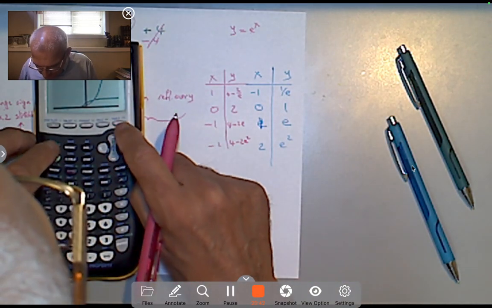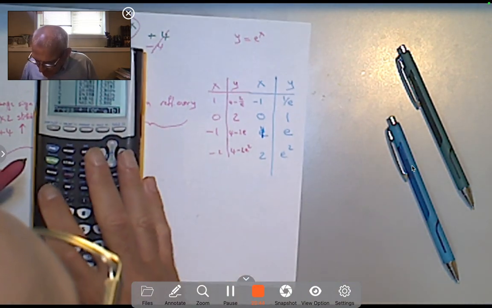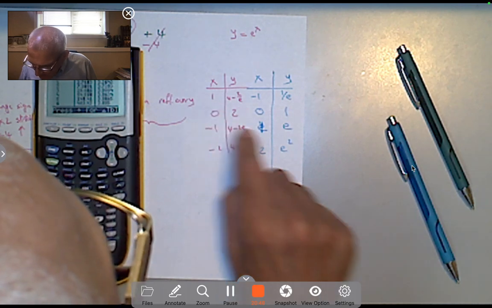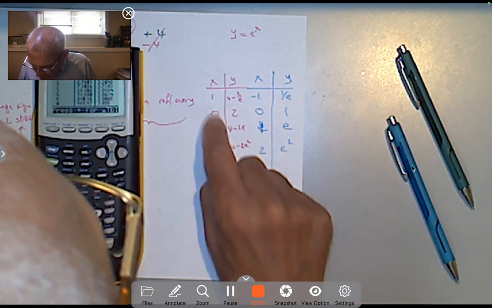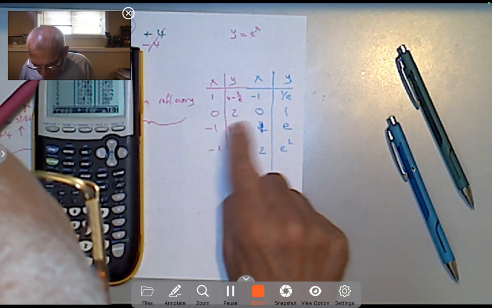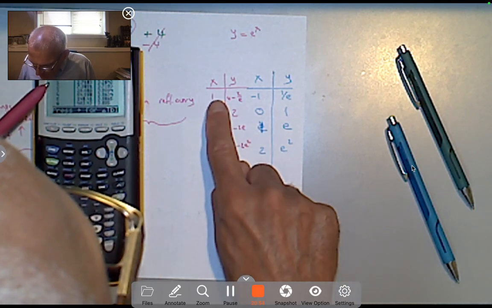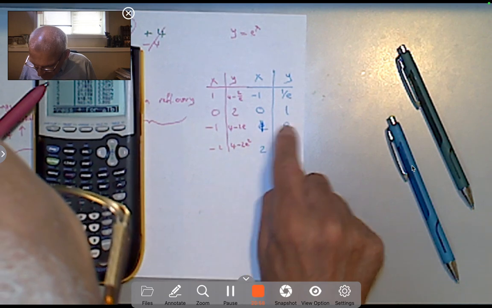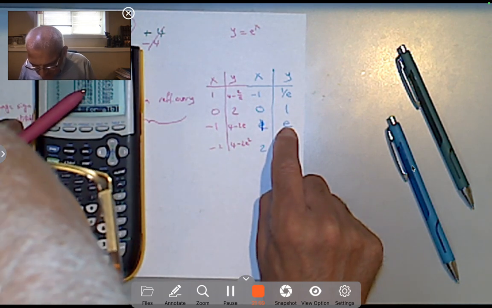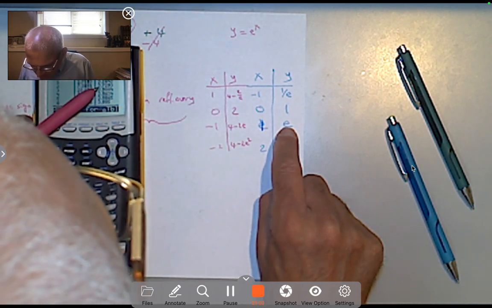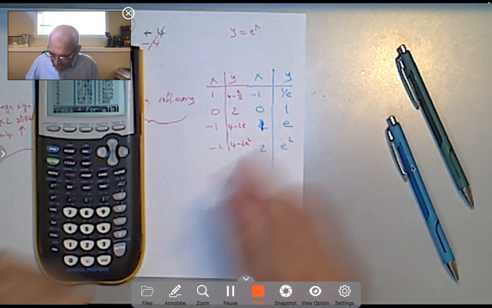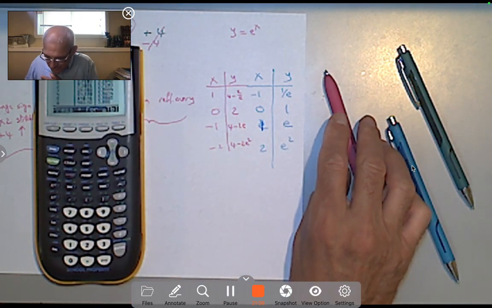Okay, let me check the table. 0 is 1, 0 is 2. 1 is, should be, 1 is e, yes. And 1 here is probably correct, but here we cannot have integer values.